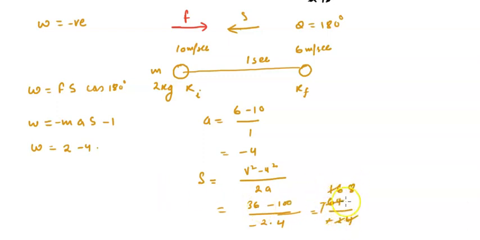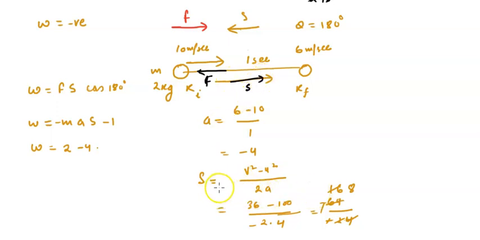So the displacement, you can see, is coming in a positive direction where the force is in the negative direction. Why? Because suppose the body is moving in this direction, so the displacement will also be in this direction. But we are slowing down the body. That means we have to apply the force on the body in this direction so that the velocity will decrease, while displacement is in this direction.